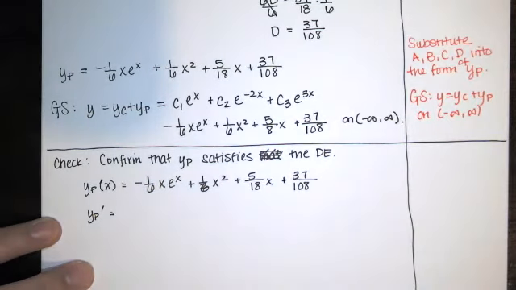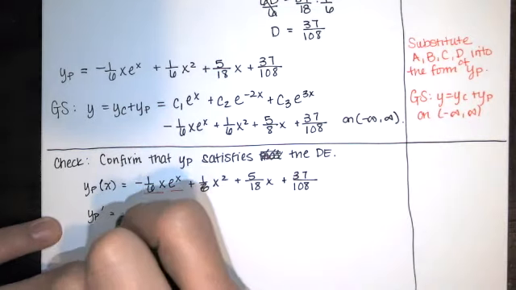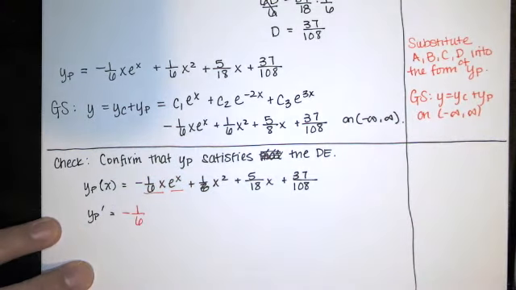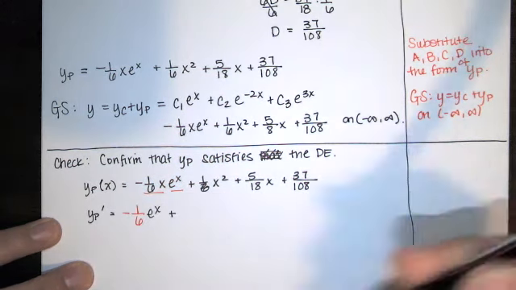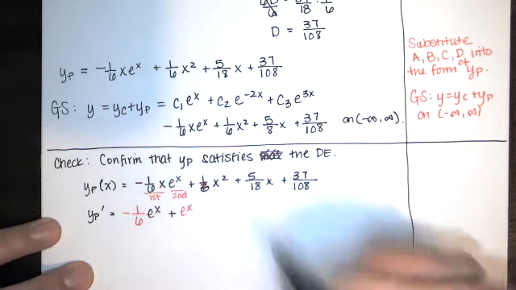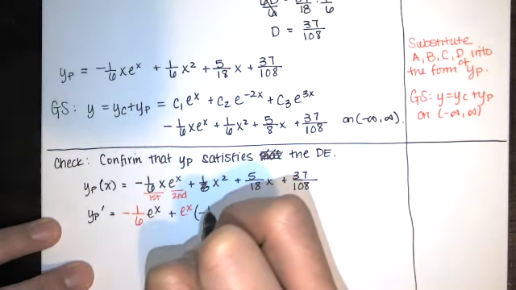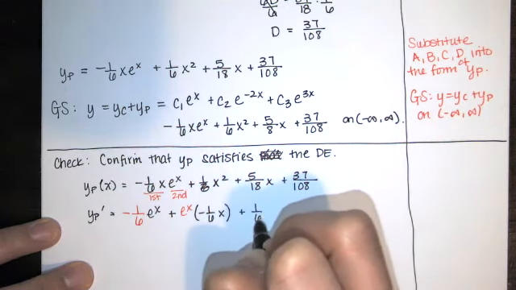So according to the product rule, this is my product. We get the derivative of the first times the second plus derivative of the second times the first. And then you have a 1/6 there.